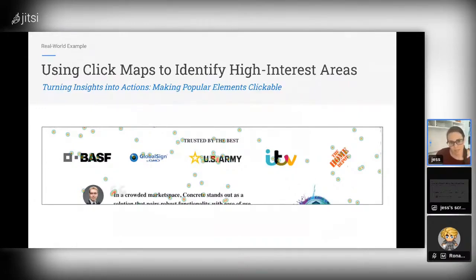So by identifying these trends and running a test, we made each logo clickable, linking users directly to relevant brand information. This small change was guided by user behavior insights from the click map and led to an improved user experience. It allowed us to drive engagement in an unexpected area that I wasn't even looking for.